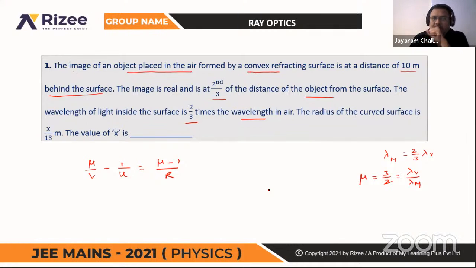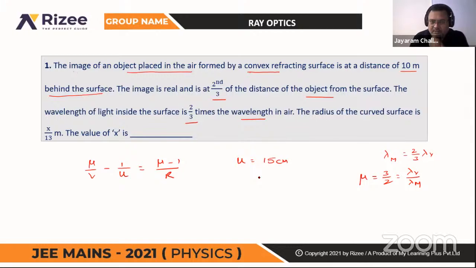Now the image distance is 10 meters, and it is two-thirds of the object distance. So what should the object distance be? It should be 15 centimeters.